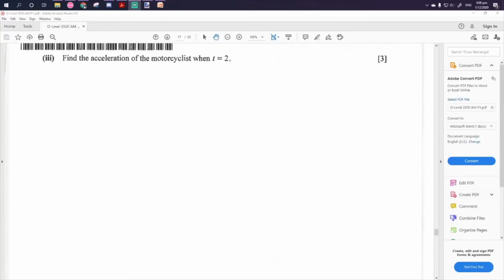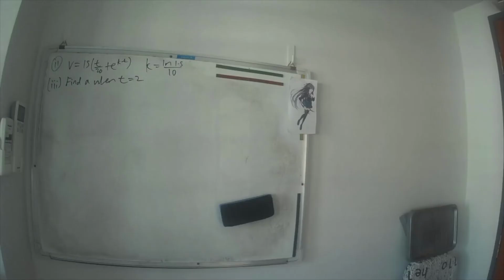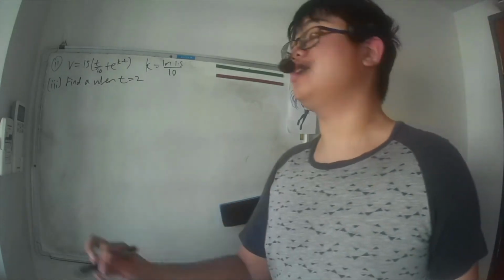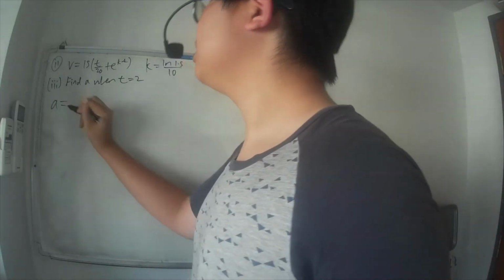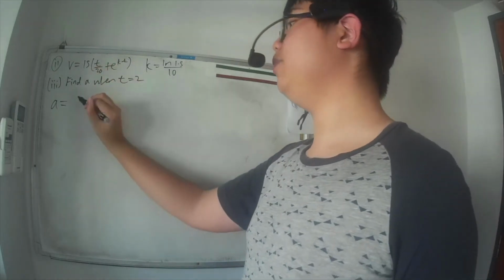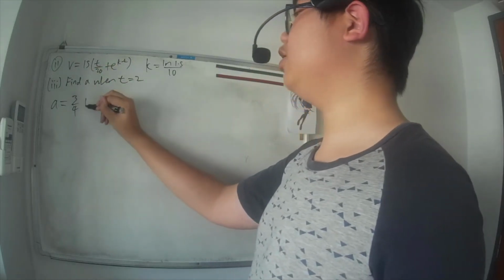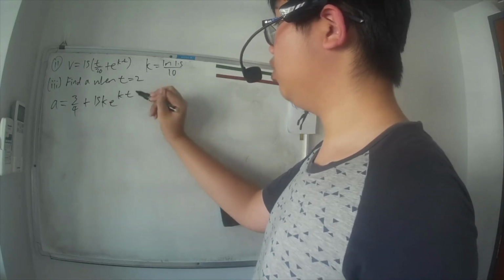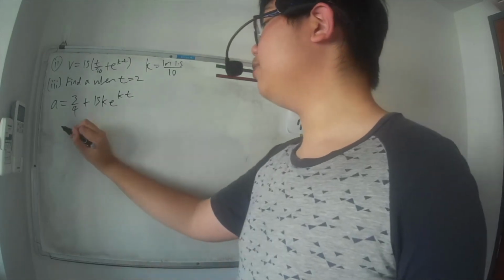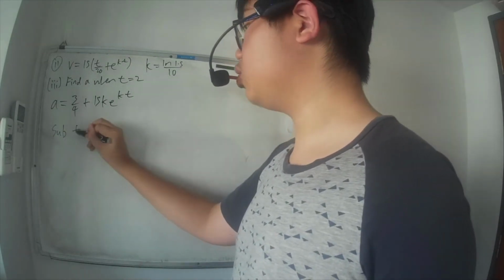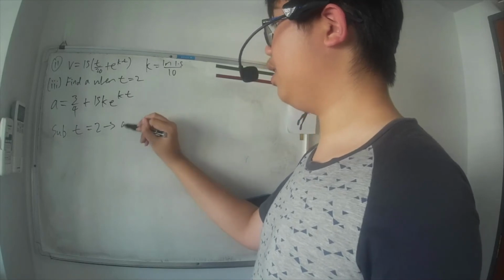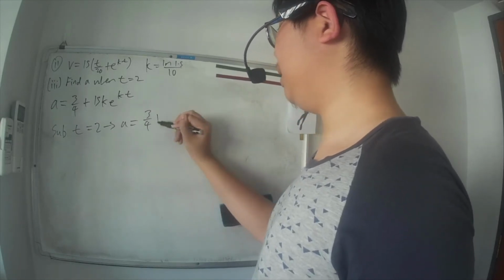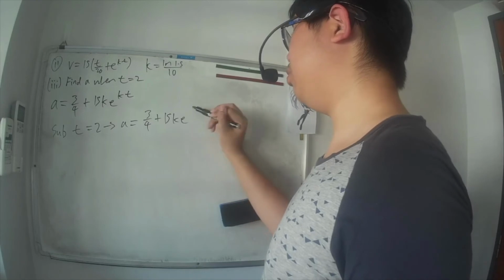There's still a part 3 for the kinematics, but it is easy. Find the acceleration of the motorcyclist when t equals 2. So we just need to differentiate this time. When we differentiate, this is just going to be 3/4, and then we need to bring down the k, 15k e^(kt). Now we sub t equals 2. a will then be equal to 3/4 plus 15k e to the power of 2k.